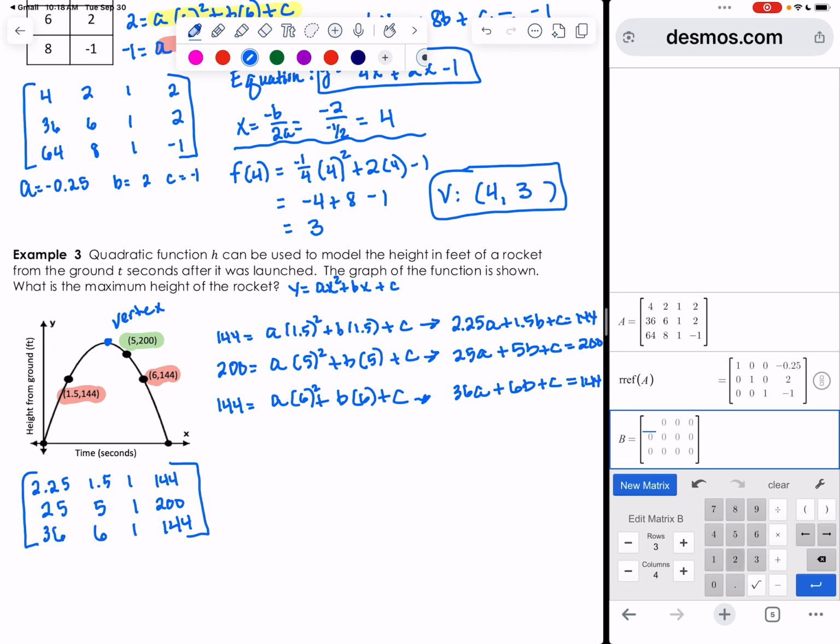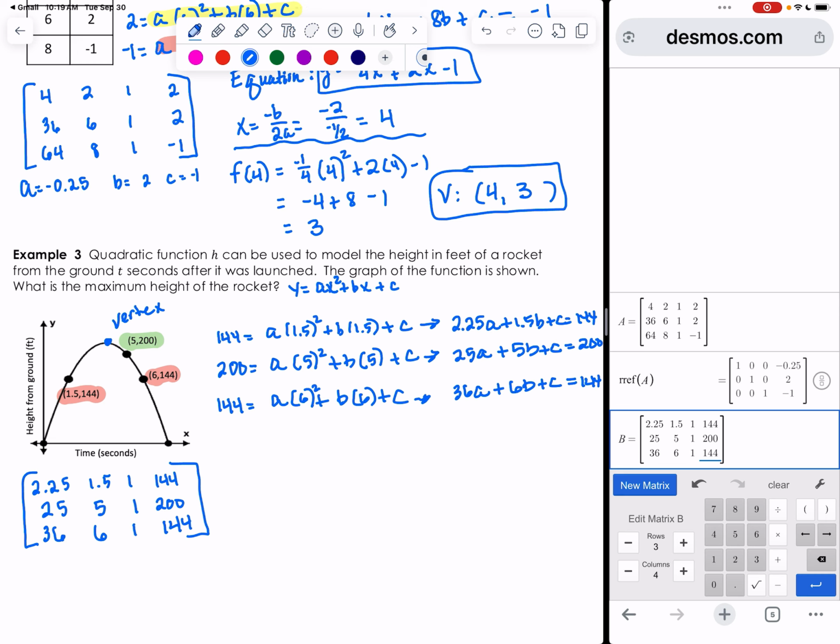Now put your coefficients in. 2.25, side arrow, 1.5, side arrow, 1, side arrow, and 144, side arrow. 25, side arrow, 5, side arrow, 1, side arrow, 200, side arrow. 36, side arrow, 6, side arrow, 1, and 144.